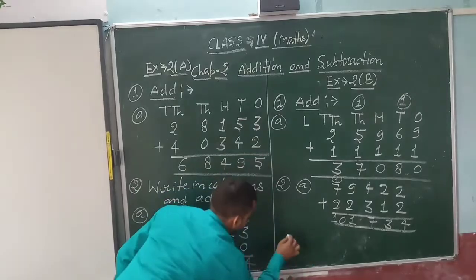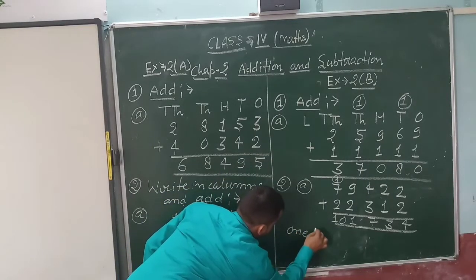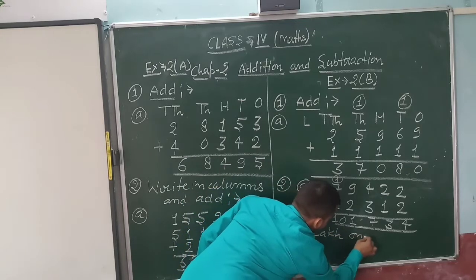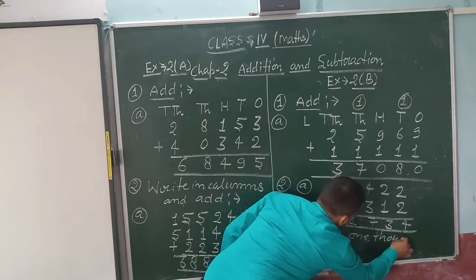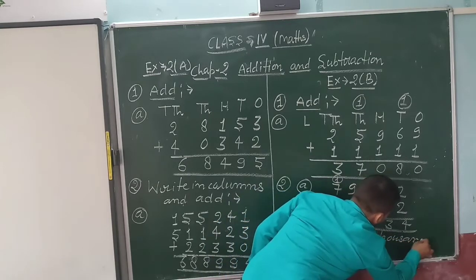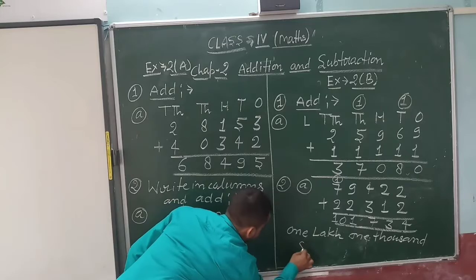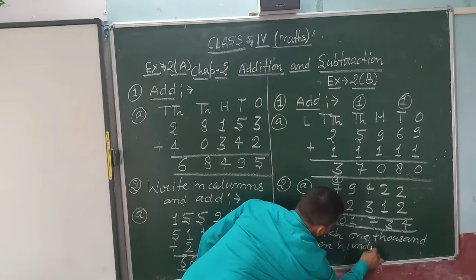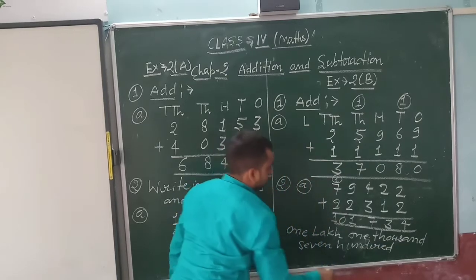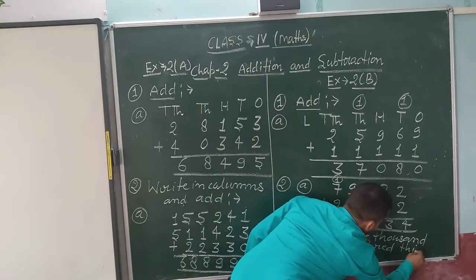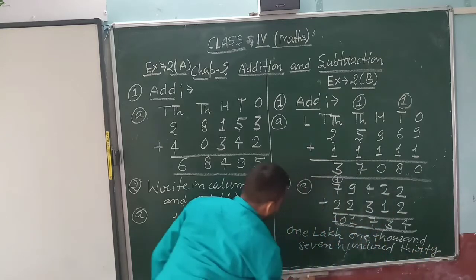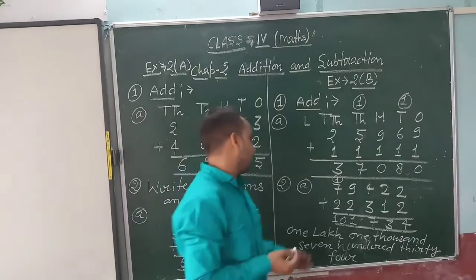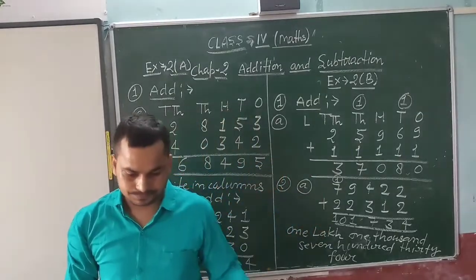So write in words: 1 lakh, 1,000, 700, 734. This is the word form of the given numeral.